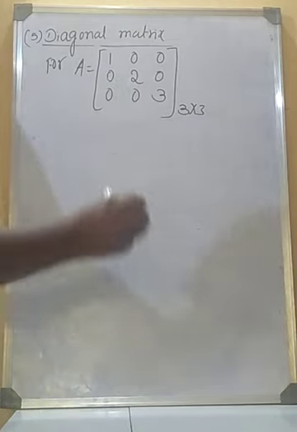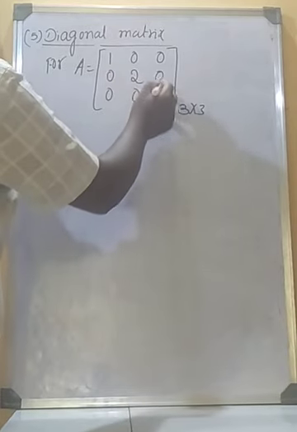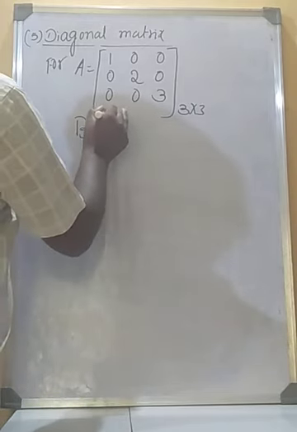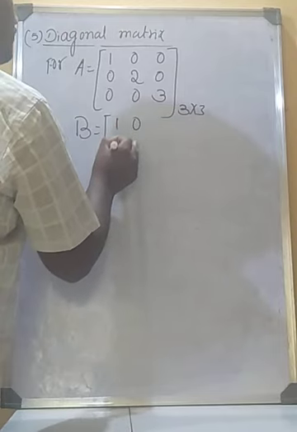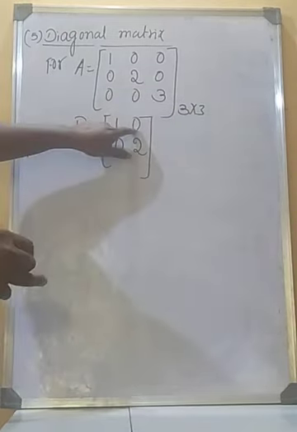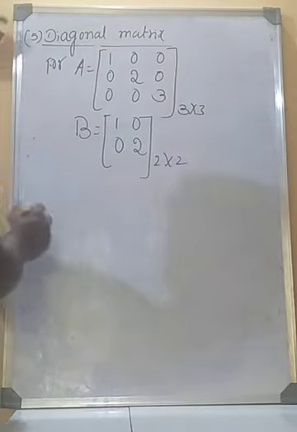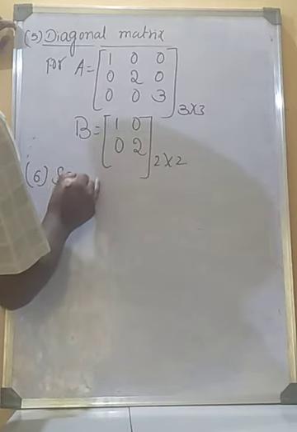One more example, B is equal to [1 0; 0 2], non-diagonal elements are zeros, a 2 cross 2 matrix.